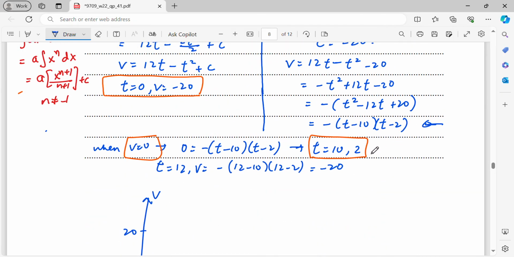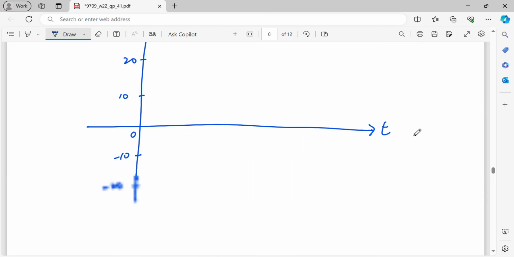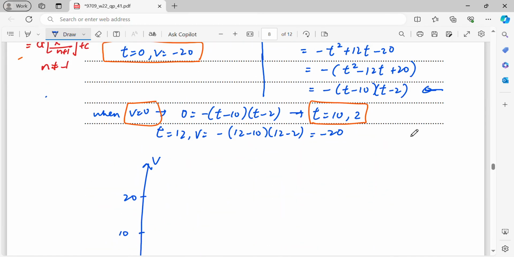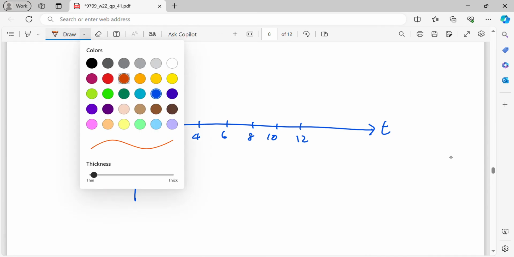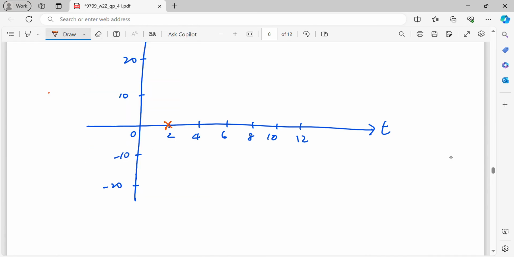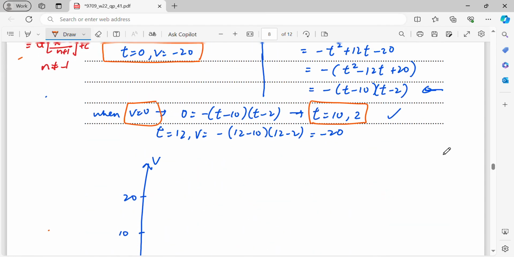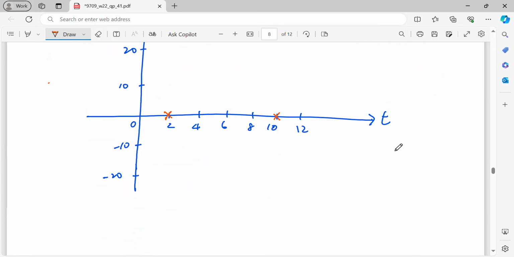So I need to mark 2, 4, 6, 8, 10, 12. When t equals 2 and 10, your v is 0. And when t equals 12, v equals negative 20.